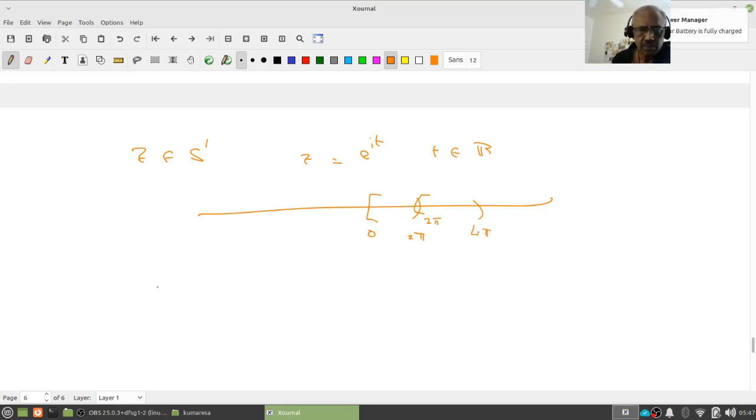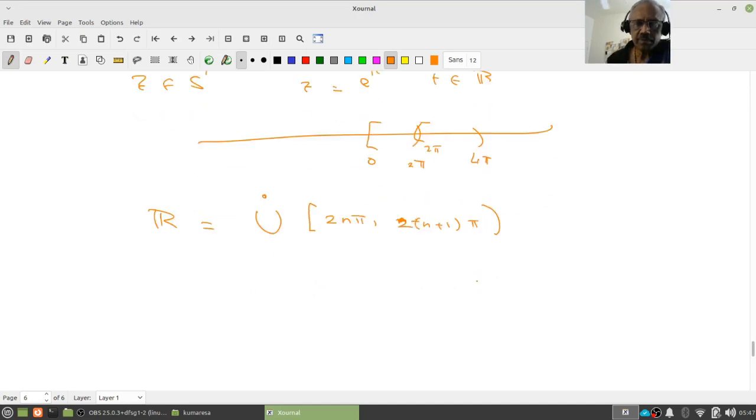So R is a pairwise disjoint union of what kind of thing? 2n pi to 2 times n plus 1 pi. Right?